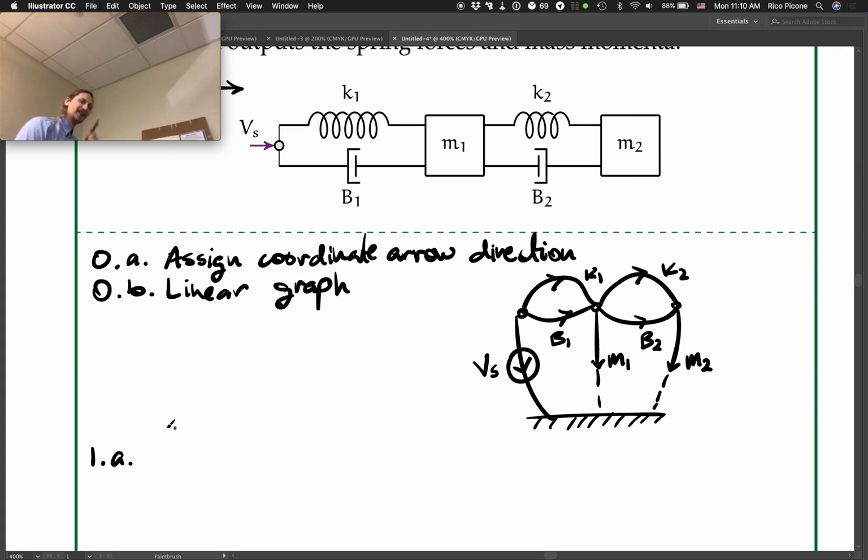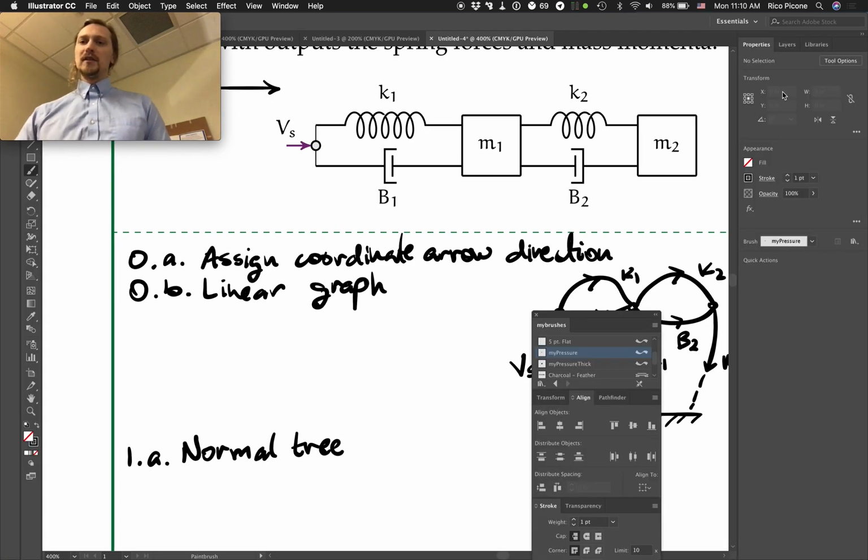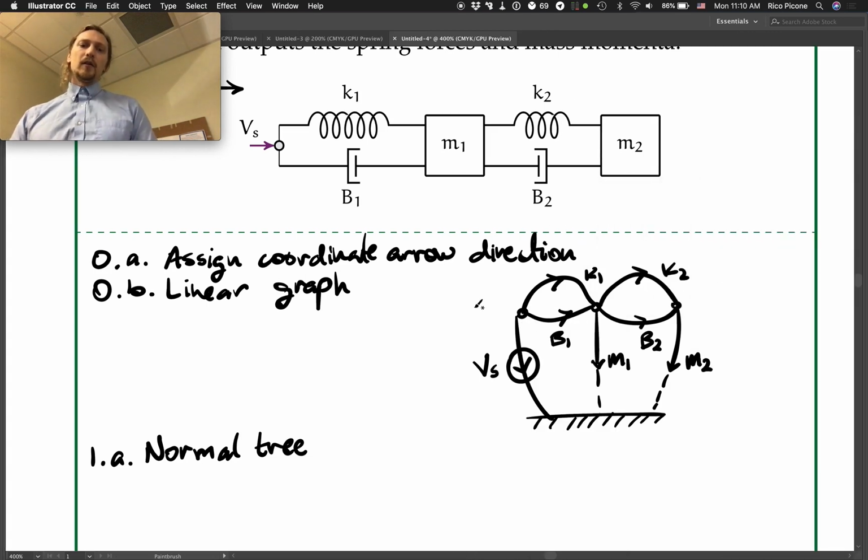Okay, so 1A. Let's do the normal tree. Let's use a different color, maybe this nice green. Our first types of elements that we take are across variable sources. So we take that velocity source to be part of the normal tree.